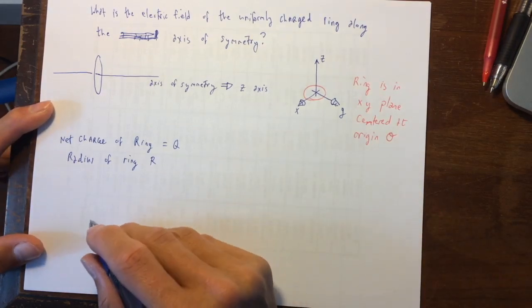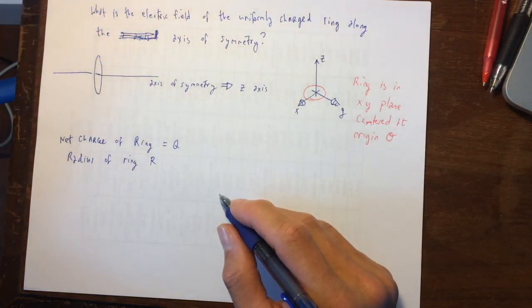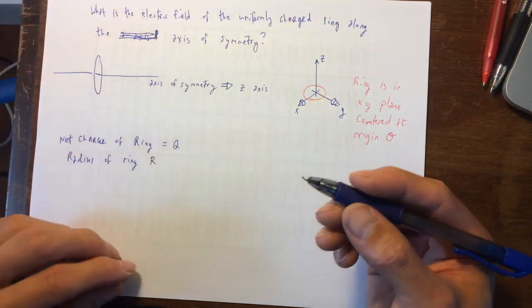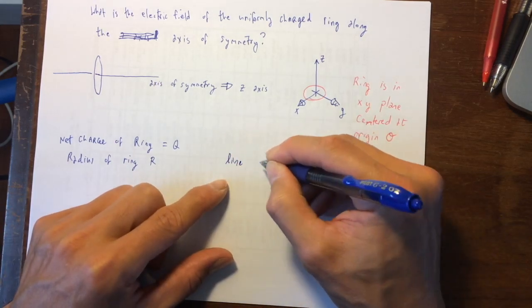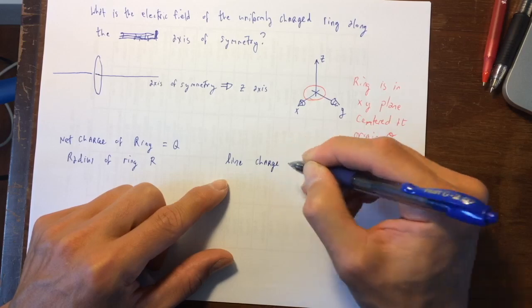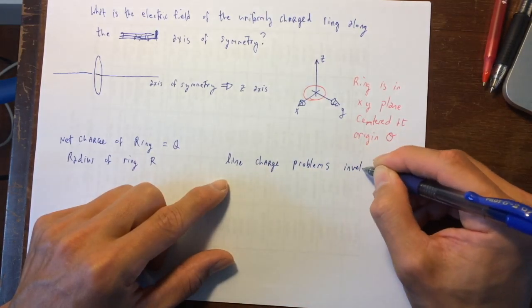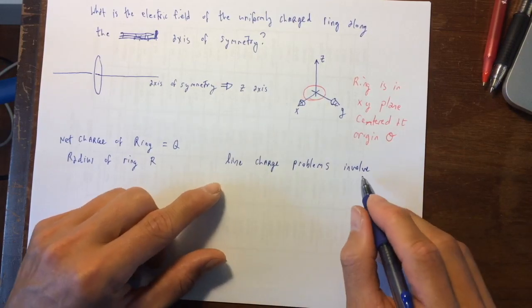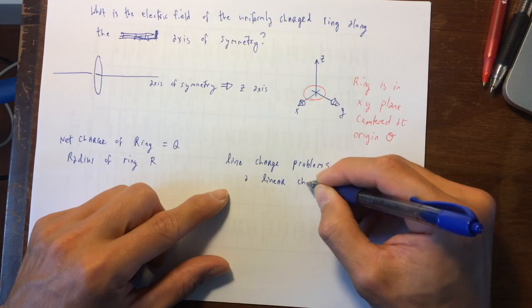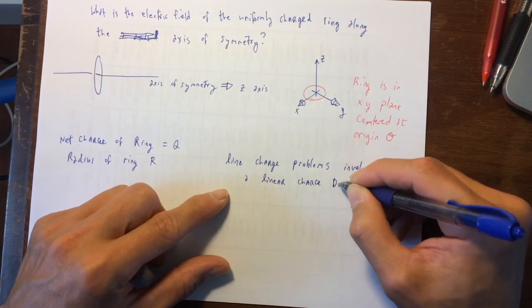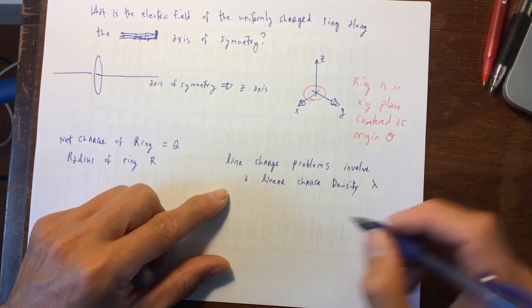So let's start solving the problem. Remember that these line charge problems involve a linear charge density, and we're calling it lambda.